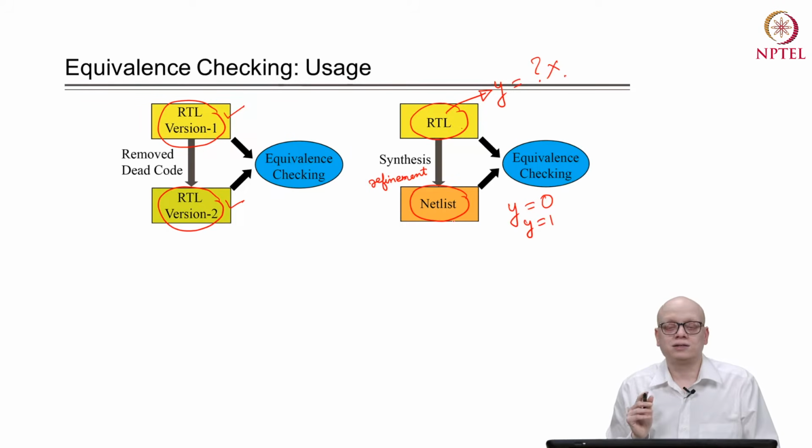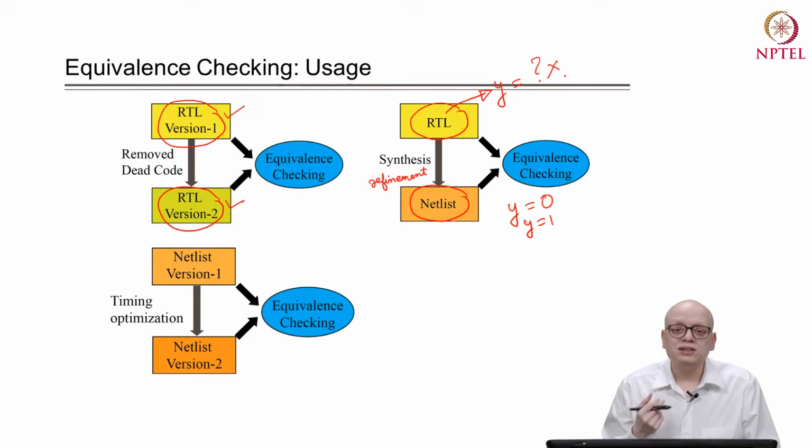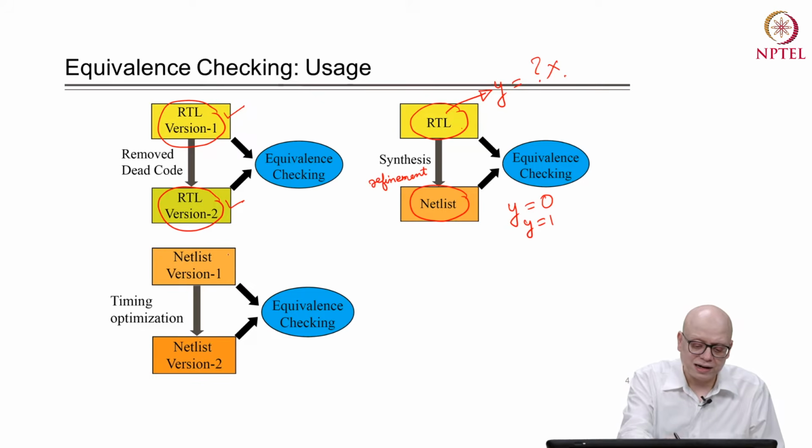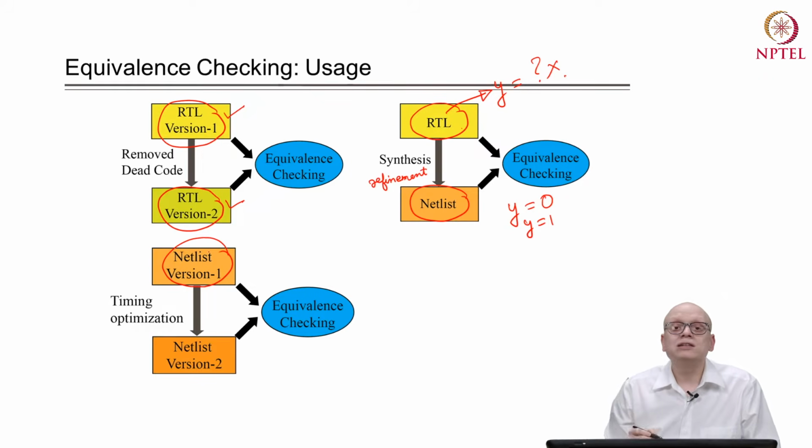The third situation can be that we have a netlist version 1, but it has a timing problem, meaning that the delay of some cells was much larger than expected. We change the logic to get a better delay.